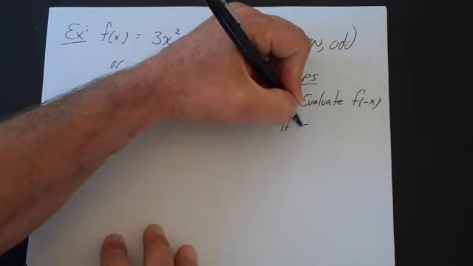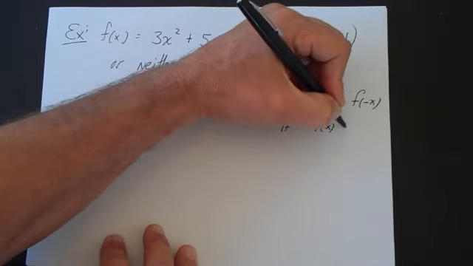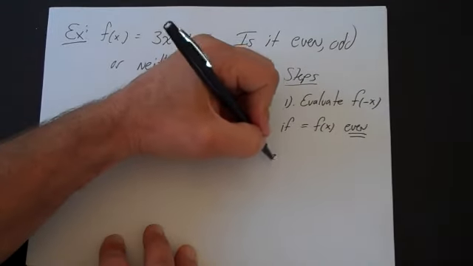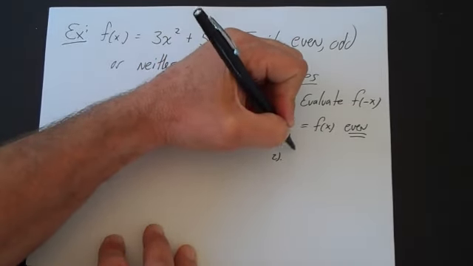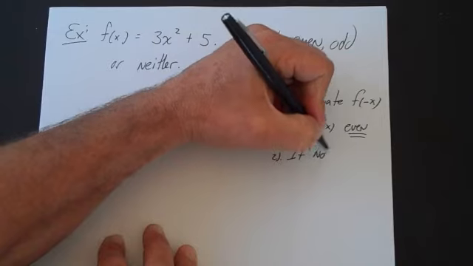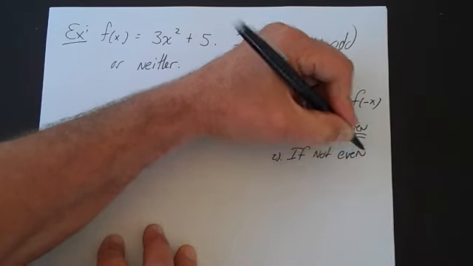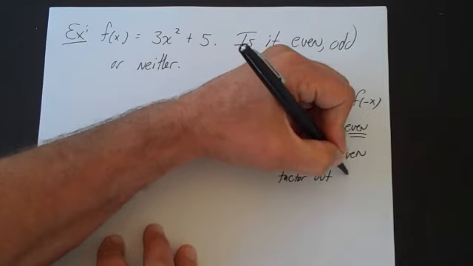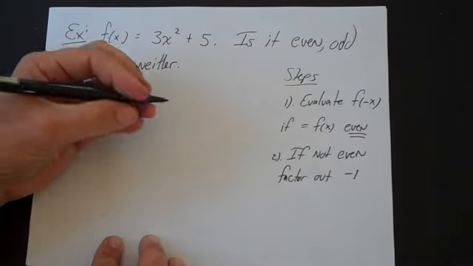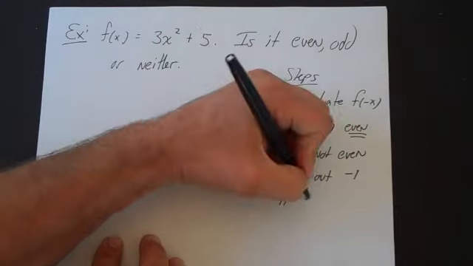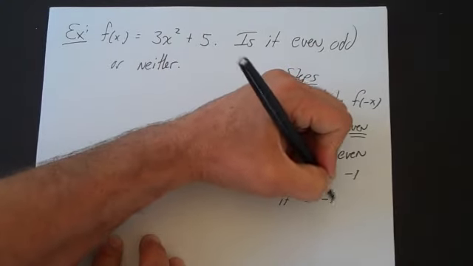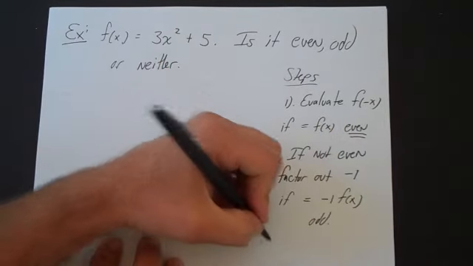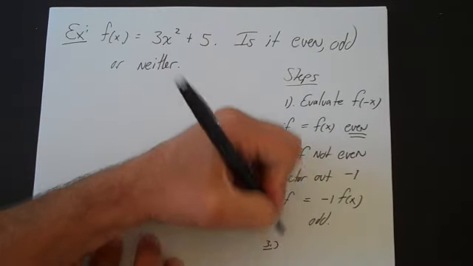If it's equal to f of x, it's even. Second step, if it's not even, factor out minus 1. If it's equal to minus 1 times f of x, then it's odd. Otherwise, it's neither.